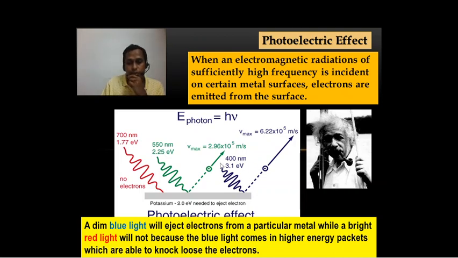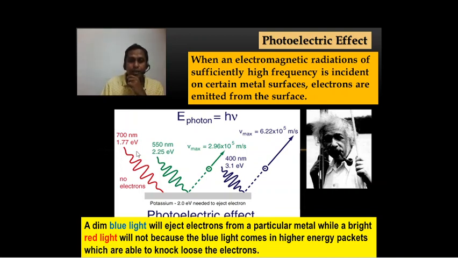So there is an ejection of electrons from the potassium metal surface. Now coming to the green light, which has an energy of 2.25 electron volt, which is above 2 electron volt. So there is an ejection of electrons from the metal surface.